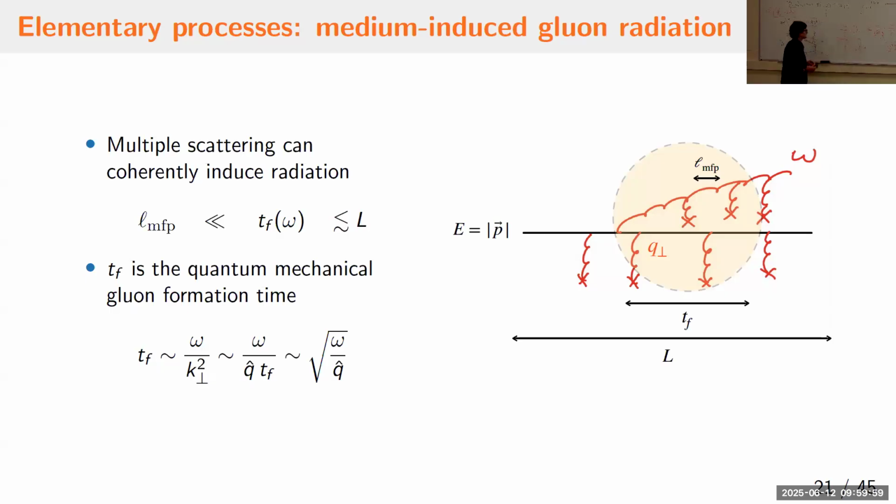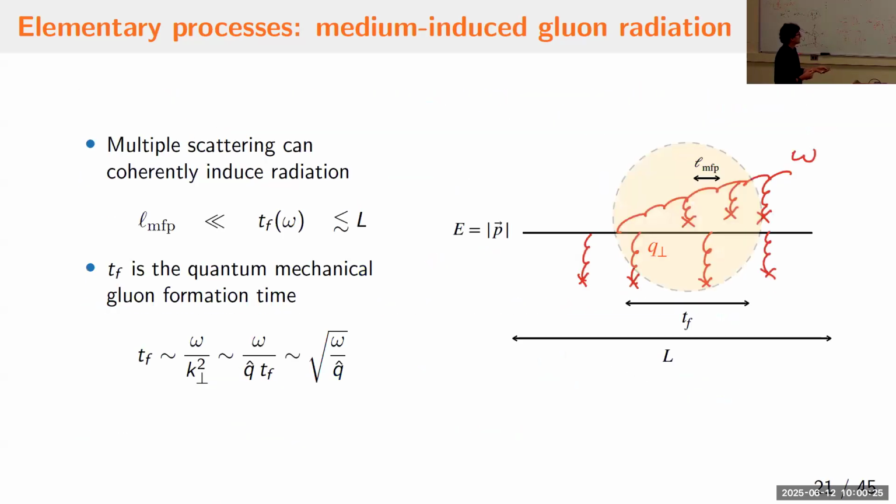All right, so this is how the formation time of this gluon scales with q hat, the transport parameter, and the frequency. So low frequency soft gluons are formed over a short time scale, whereas hard gluons take longer to form. All right, so this is how this process happens.